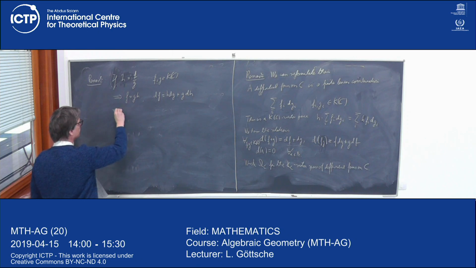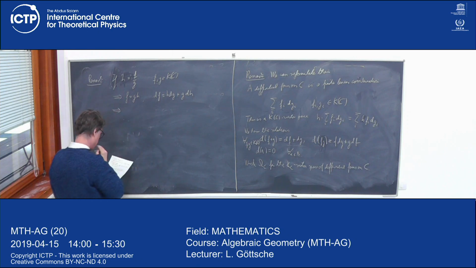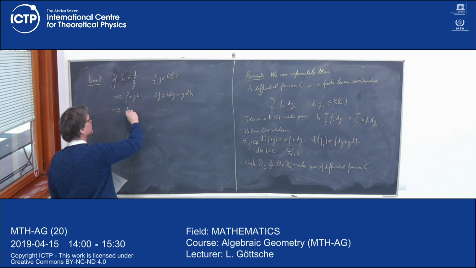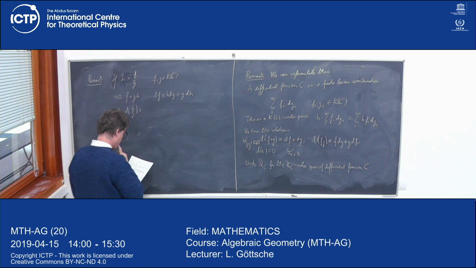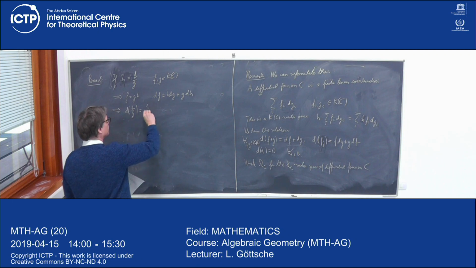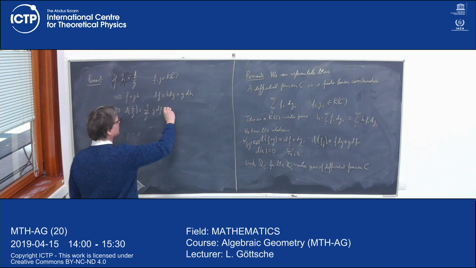And so one can translate this back into a formula for dh. So it follows that dh, so I write it as d of f divided by g, is equal to a formula you are maybe familiar with, 1 over g squared times g df plus minus f dg, if I didn't get the sign wrong.